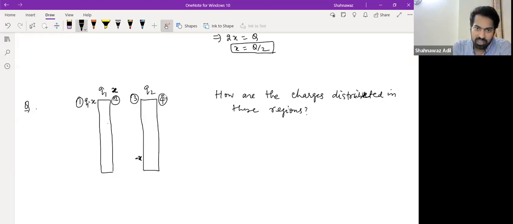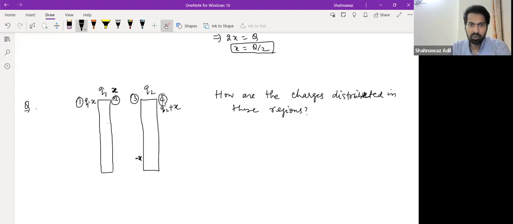And what would be the charge on this side? Q2 minus X. Minus of minus X, so that would be Q2 plus X. Yes, you are right. Very nice that you told me this answer. Is that clear, Faiza?